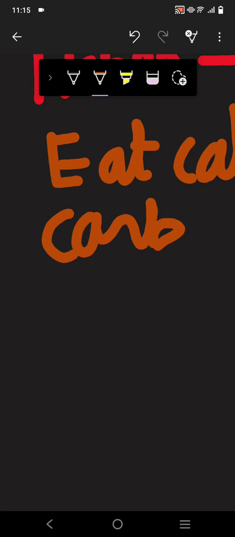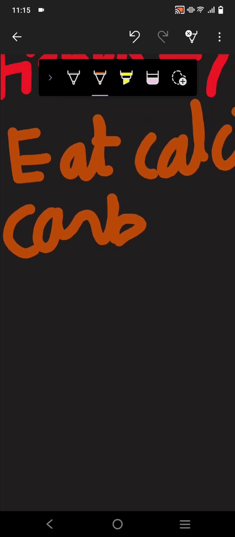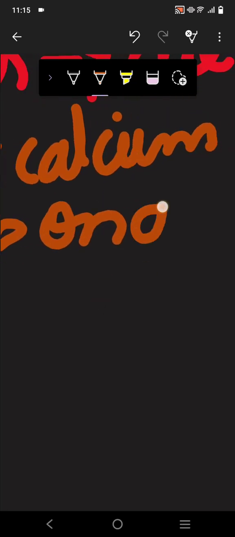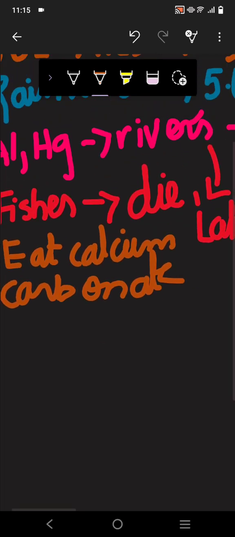It can create a mess in architecture and destroy the structure of monuments.